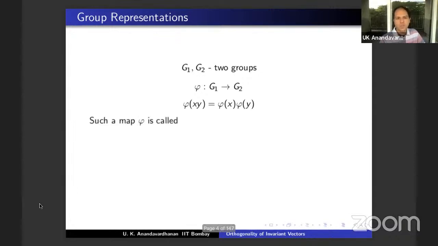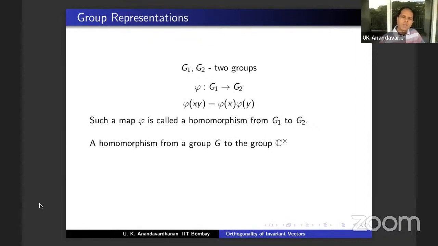As all of us know, we call such a map a homomorphism from G1 to G2, right? The point of representation theory is to understand groups a bit more, and we are dealing only with finite groups today.